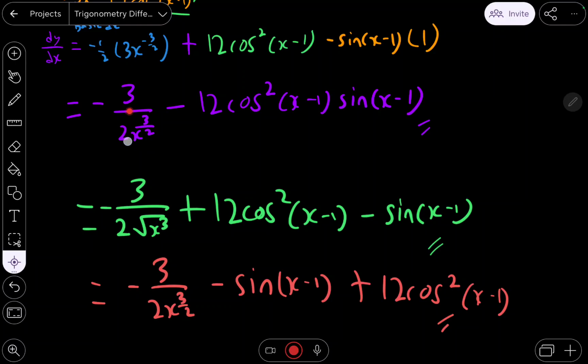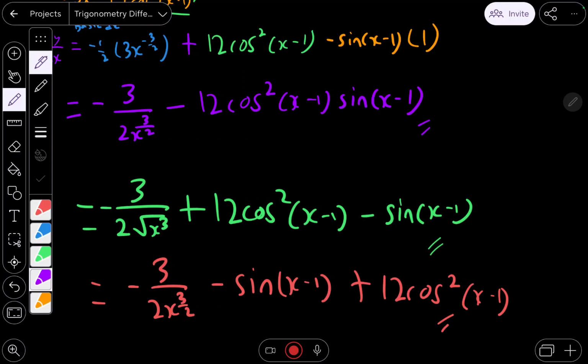And in the green one, what did I do? I changed this x to the power of 3 over 2 to minus 3 over 2 square root x cubed, and then I write the plus sign here, just copy and paste: plus 12 cosine squared x minus 1 minus sine x minus 1.